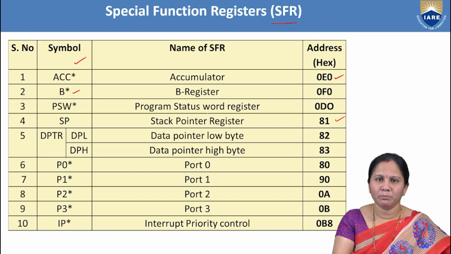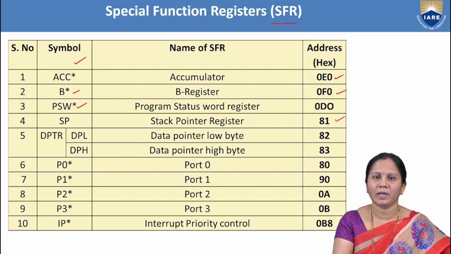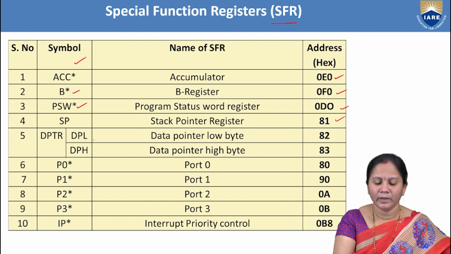B stands for B register, that is base register, and its address is 0F0. PSW stands for program status word, which is called the flag register, and its address is 0D0. SP is the stack pointer register and its address is 81.